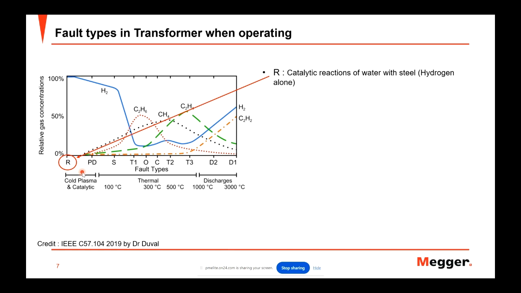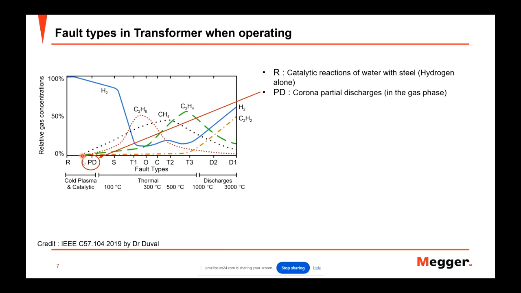This graph is not showing the increasing trend of your fault. It is a graph to analyze what the fault inside of your transformer is.